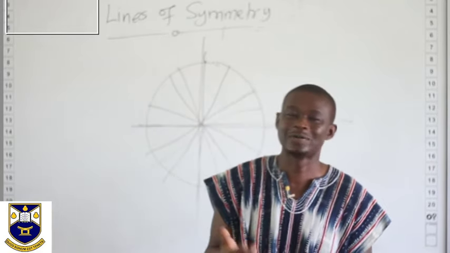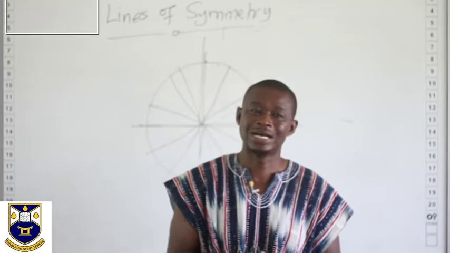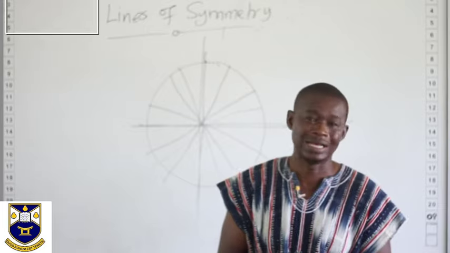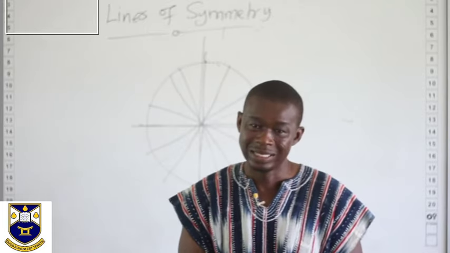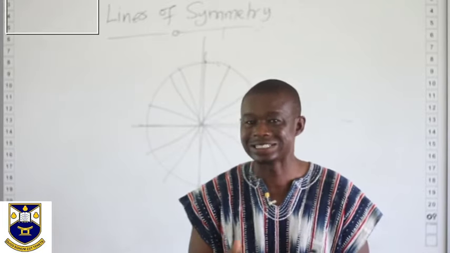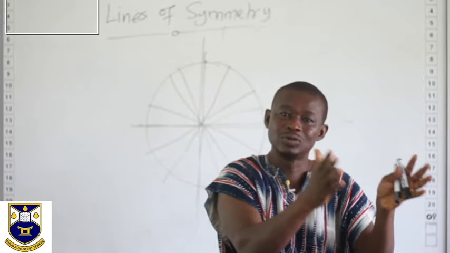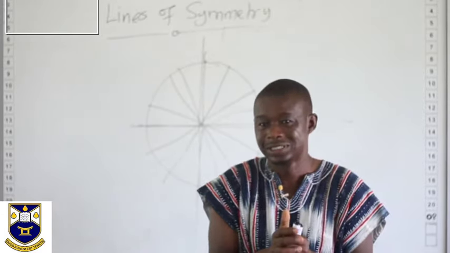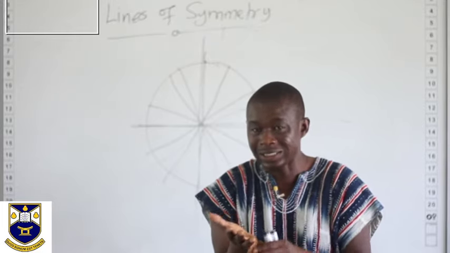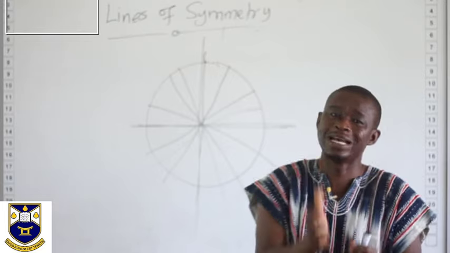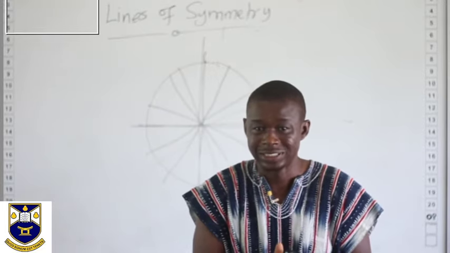I will deal with the questions as they come. So I would like to end the lesson here. But please continue doing the exercise I gave you. Just get a cardboard, cut it into various shapes. You can cut it into a rectangle, triangle, all the types. And try to fold it and see if you can get the line of symmetry.